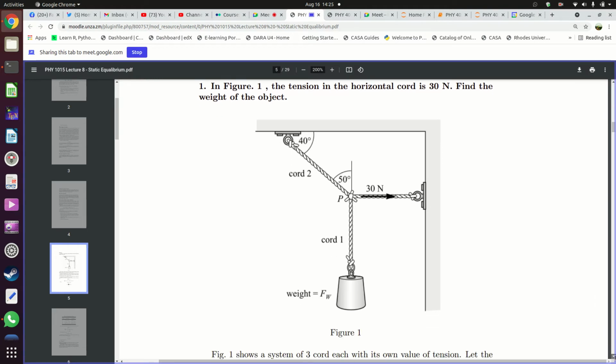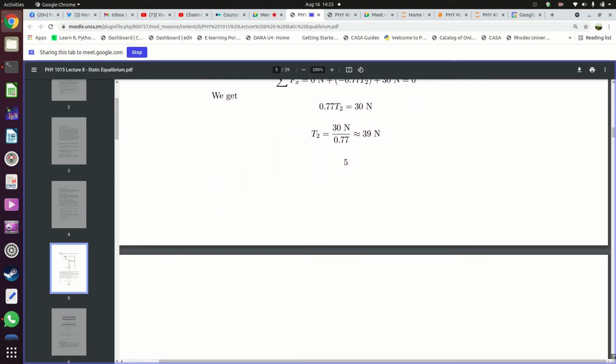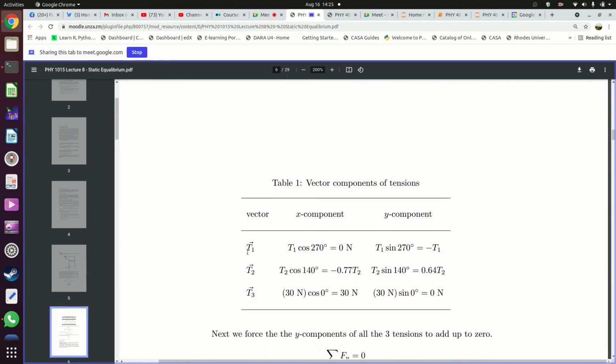Because of the choice I've made to measure angles from the horizontal rope, I will end up having T1. Whatever the size of T1 is, I don't know, but I know the X component, so I'll create a table of components. The X component of T1 is T1 multiplied by the cosine of 270.